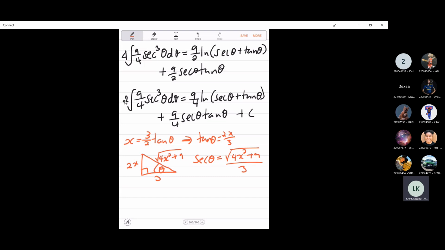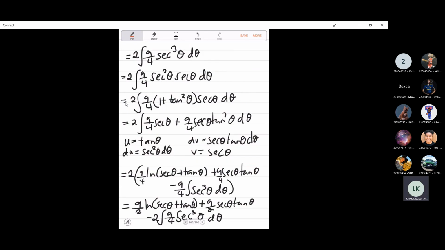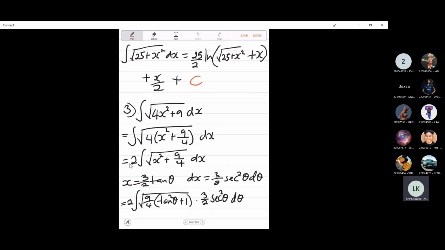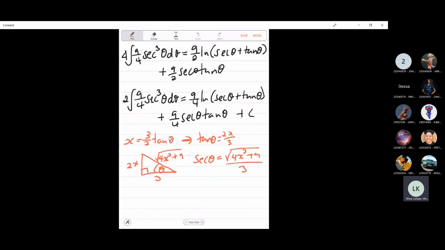In fact, the whole thing with the 2 here as well. So you can see with the 2 and that's how we get this. So the 2 is part of the integral that we need. So 2 times this whole thing, that is the integral of the square root of 4x² plus 9.